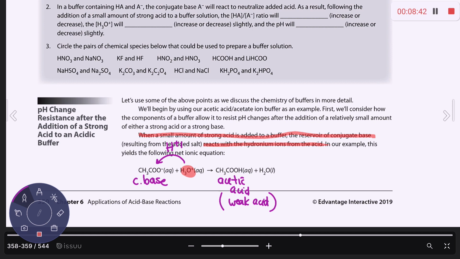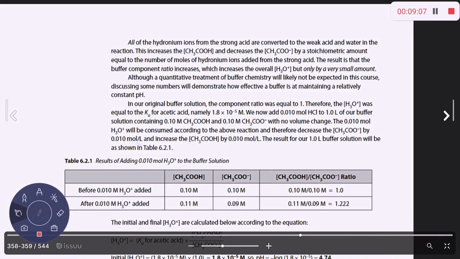Okay? So let's take a look at the next page. Since you're producing this weak acid, this is going to be what makes your pH drop below 7. Okay, take a look at the top of the next page.